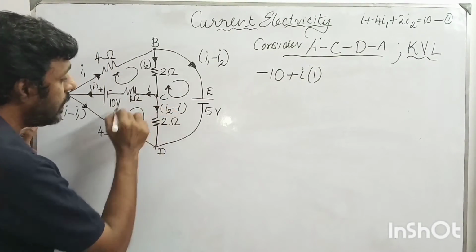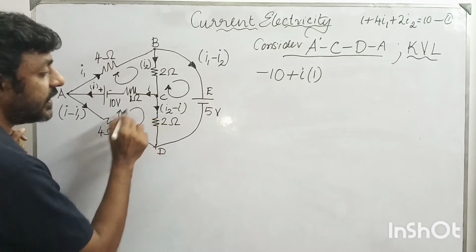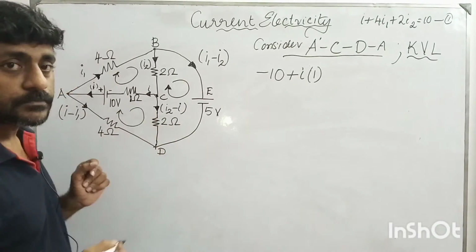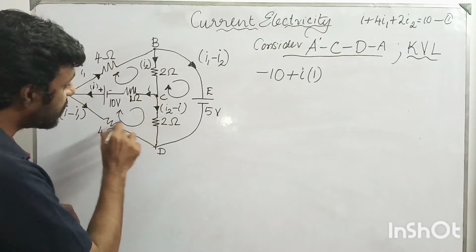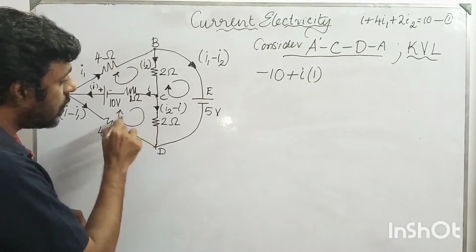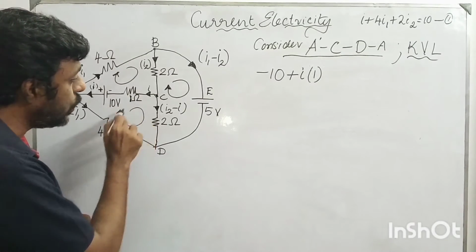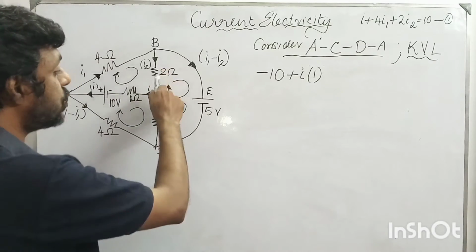Again, while rotating in the clockwise direction, I find another current, I2 minus I, which is traveling along with me. It is moving in the same direction as my direction of travel.